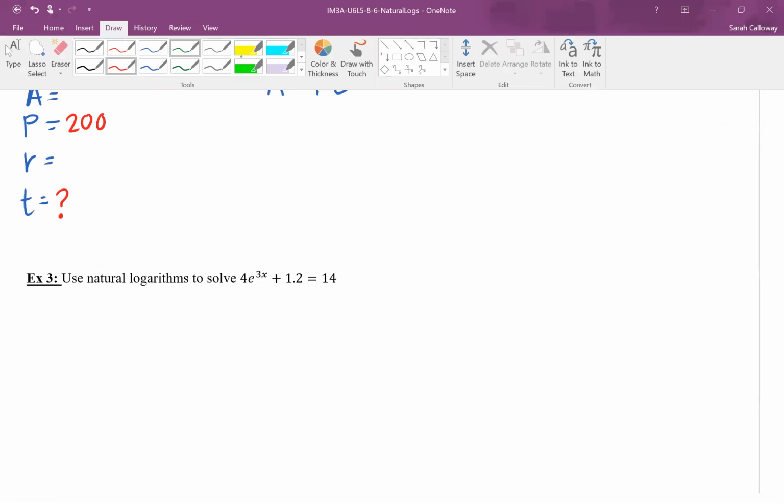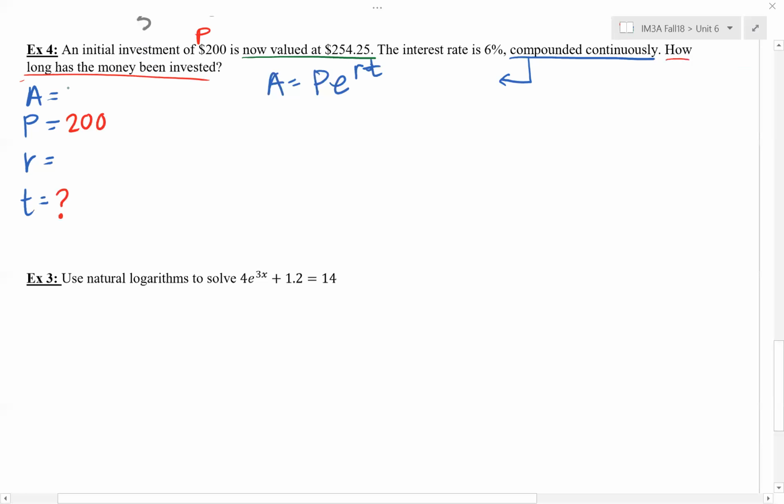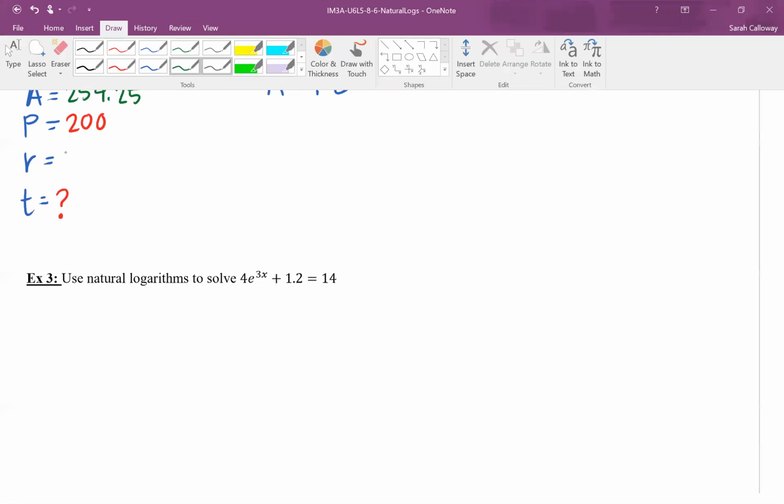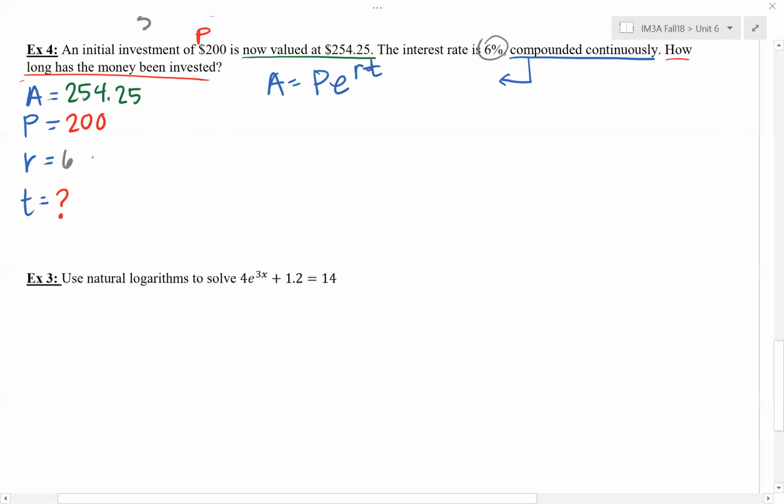The amount in the account is the now valued, so A is $254.25. Our rate is 6%. Remember that we have to write our rate as a decimal, so that means really 0.06. We move our decimal 2 places to the left, which means we have to add a 0.